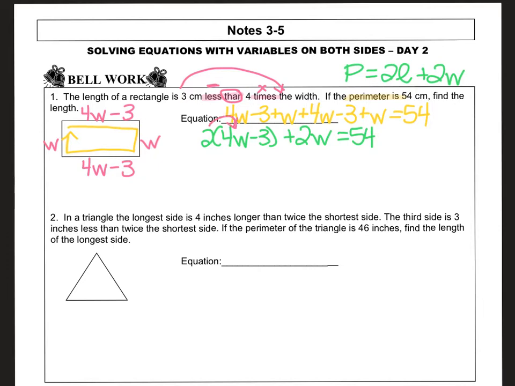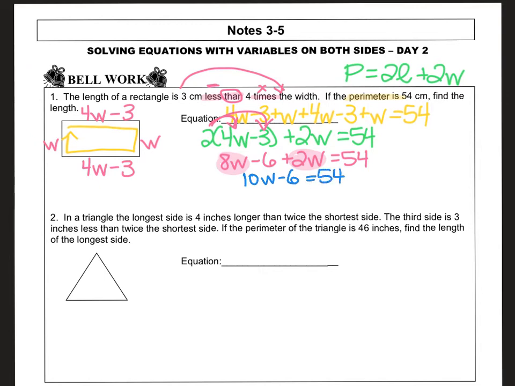Now I'm going to distribute. And I get 8W minus 6 plus 2W equals 54. And you can see that we still have a couple W's that we need to combine to get 10W minus 6 equals 54.